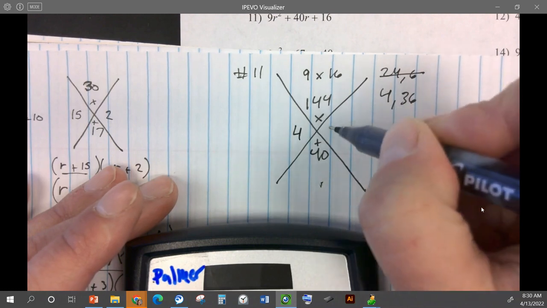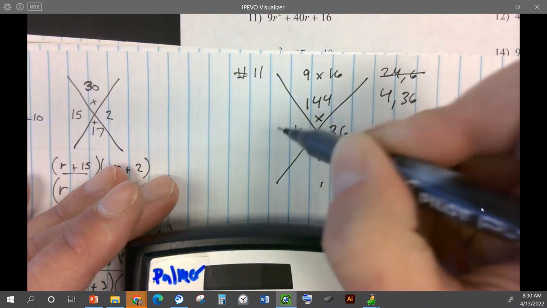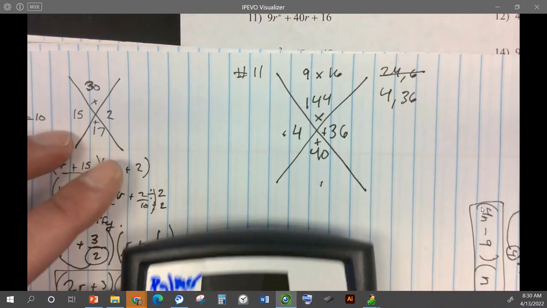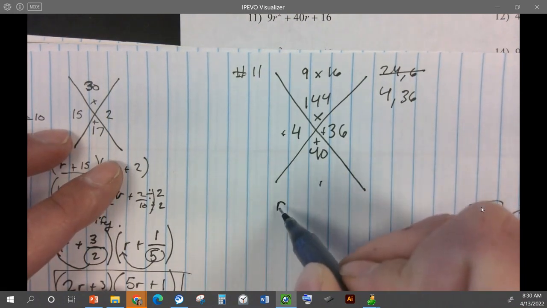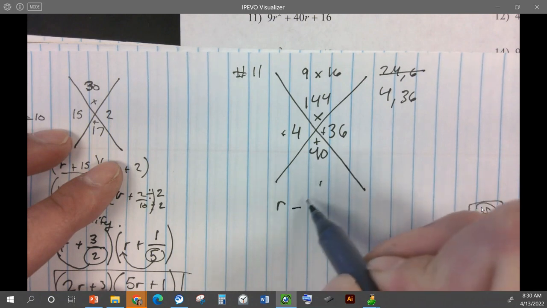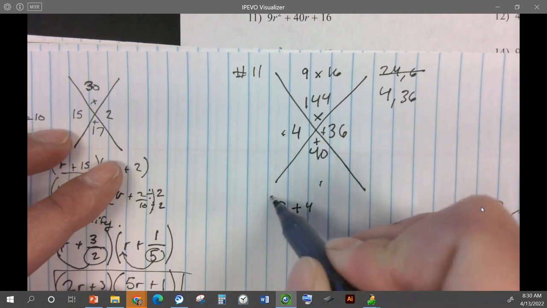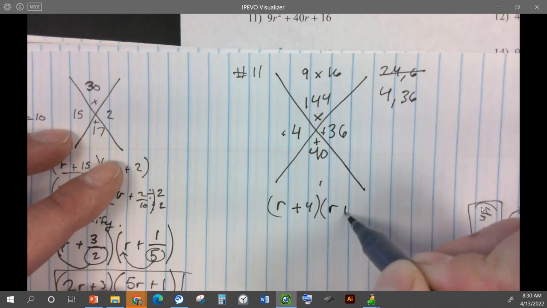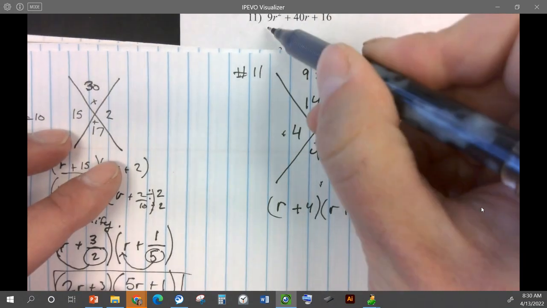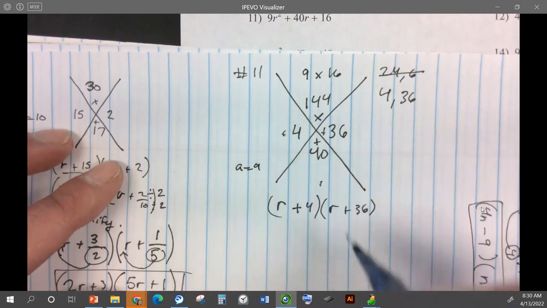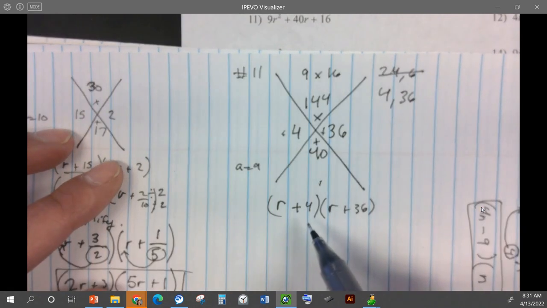You're quick. So 4 and 36, and they're both positive. So our variable here is r. If you use x, that's okay. So r plus 4, and then r plus 36, and then we take a, which is 9, and we divide the number by a.